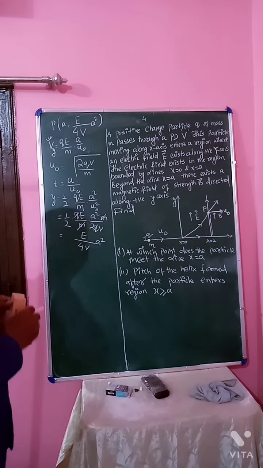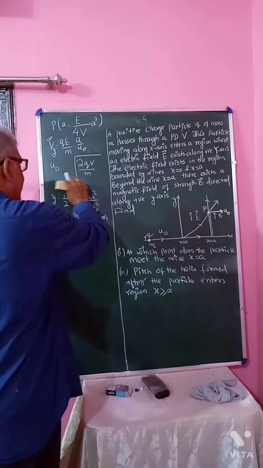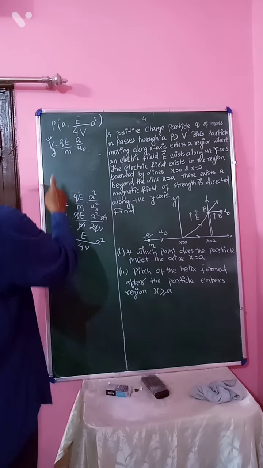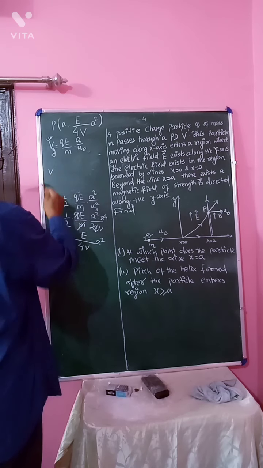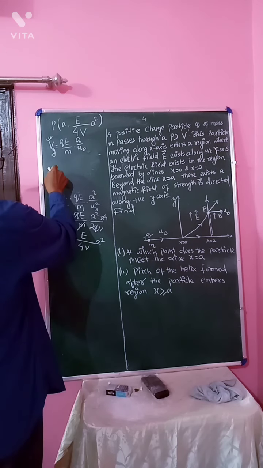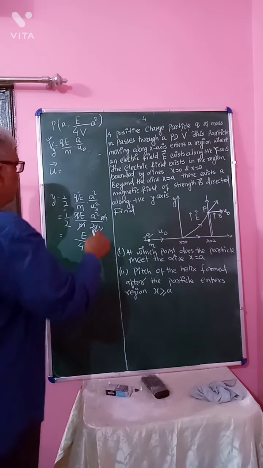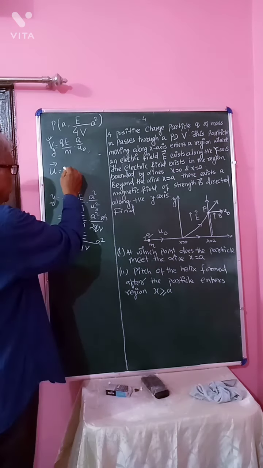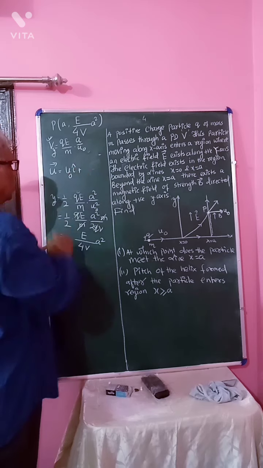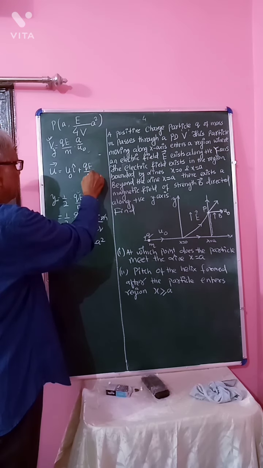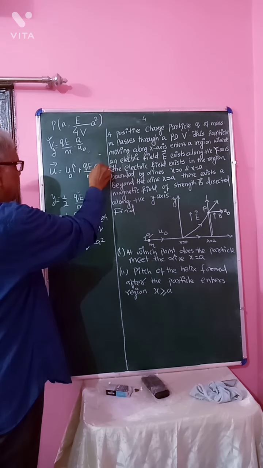As a result, the velocity at point P can be written in general as u equal to the x component of motion, that is u0 i cap, and the y component qEa by m u0 j cap.